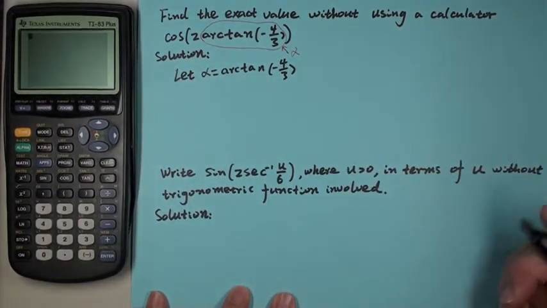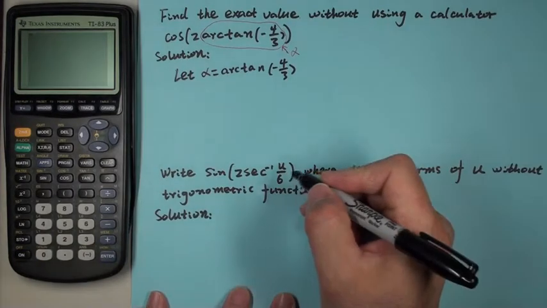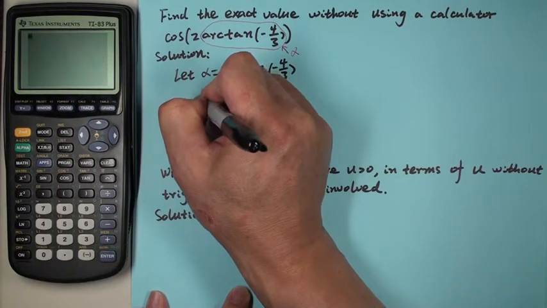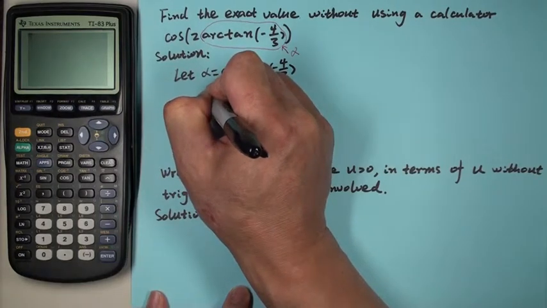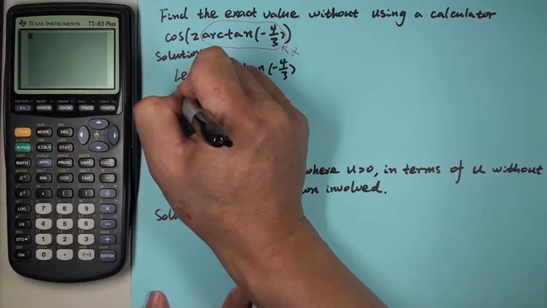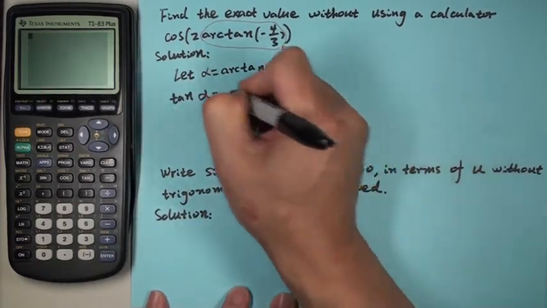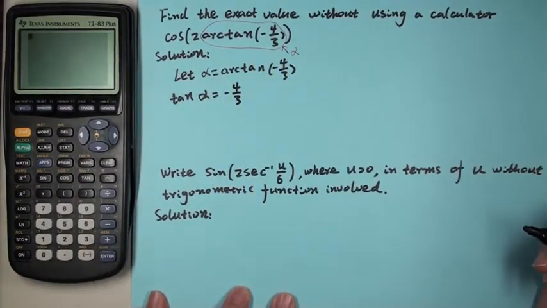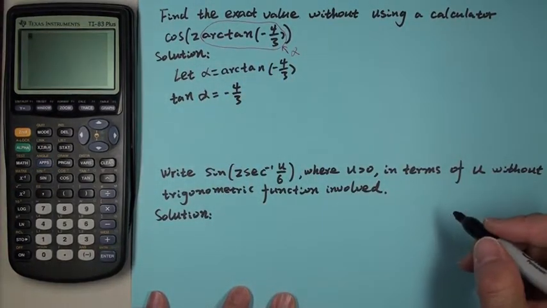What do we get? What we can get immediately is that tan alpha will be negative 4/3. That's immediate by definition.